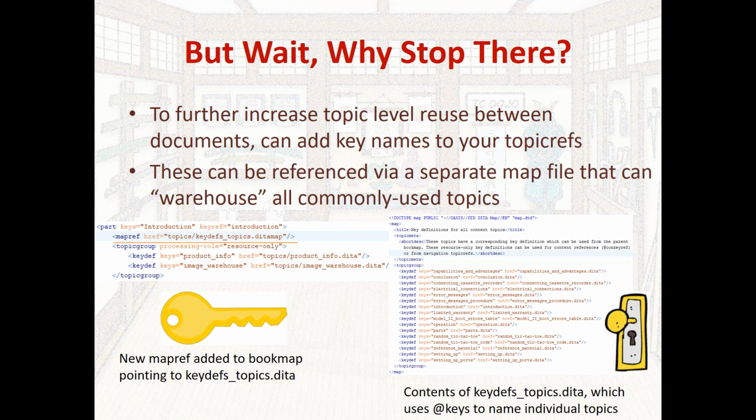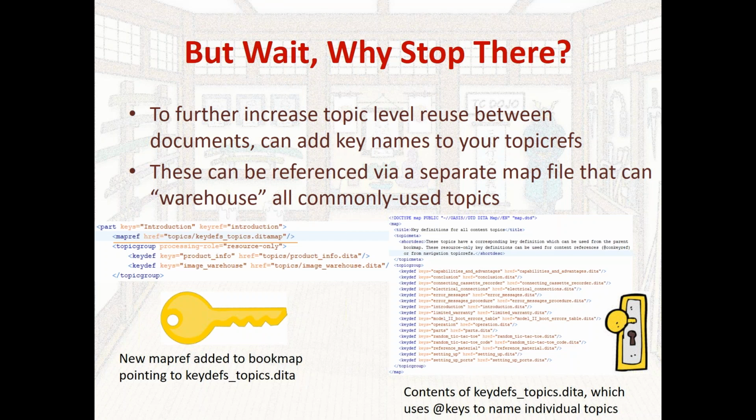So on the left-hand side, you see the new mapref added to bookmap, which points to a keydefs underscore topics dot DITA map. Sorry, it should say DITA map instead of DITA. And then on the right-hand side, this is what that actual map looks like. These are the contents of the keydefs underscore topics DITA map, which uses key attributes to name those individual topics.